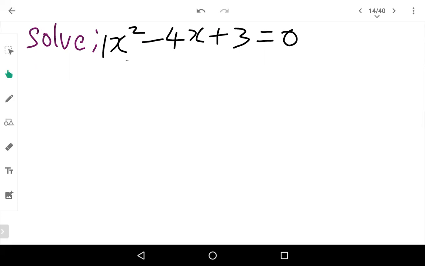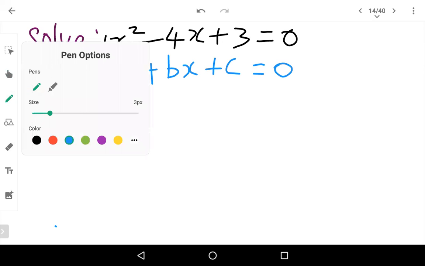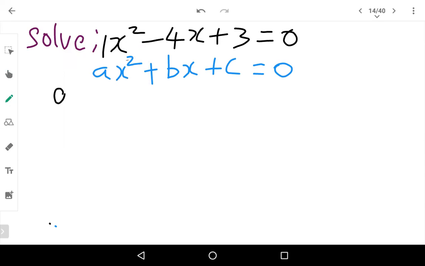Now here, firstly, you have to understand which format this is in. This is in the format of ax square minus bx plus c is equal to 0. I'm just taking the same sign. Or if our original format is ax square plus bx plus c, now you can recognize what is a, b, c. a is equal to 1, b is equal to minus 4, c is equal to 3.